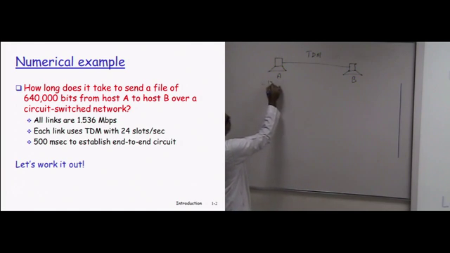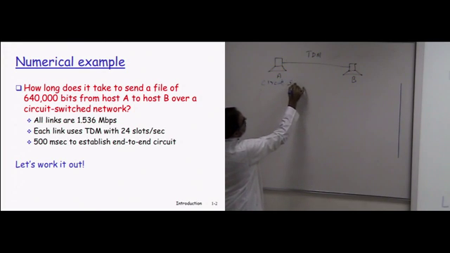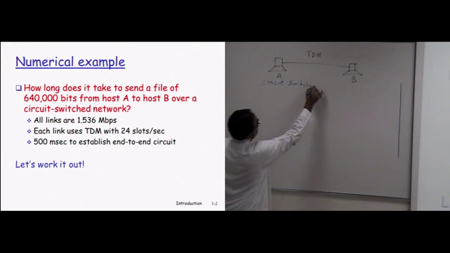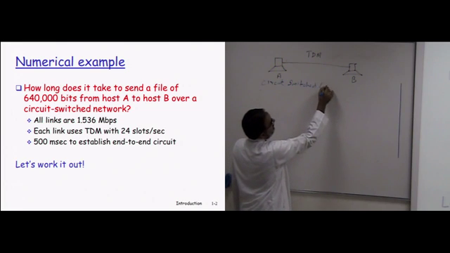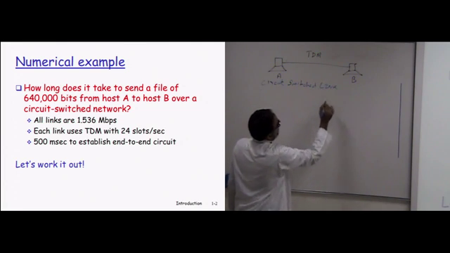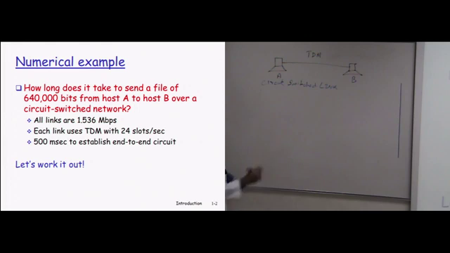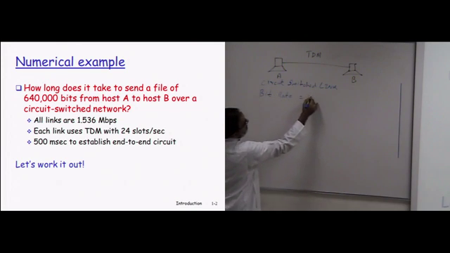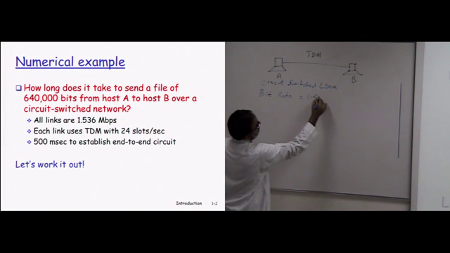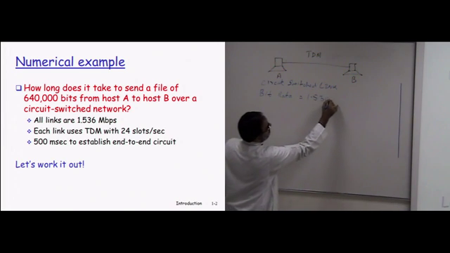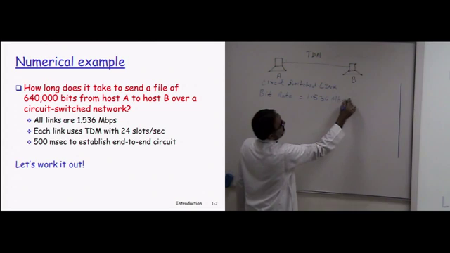It is a circuit switched link, and the technique we are using is TDM, time division multiplexing, and the bit rate is 1.536 megabits per second.